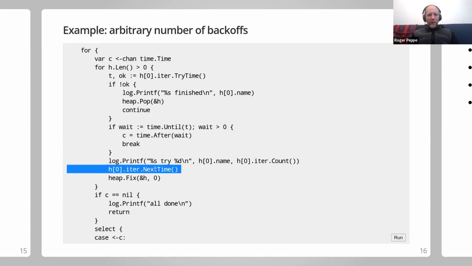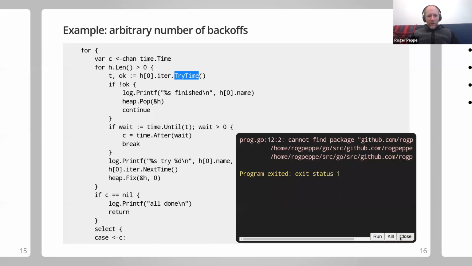We're just calling next time on the one with the earliest deadline in the heap, and the criterion for the heap is basically to look at the time and have the earliest time at the bottom of the heap. So this works. Let's see.